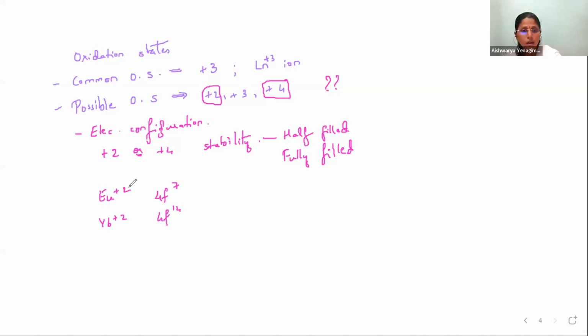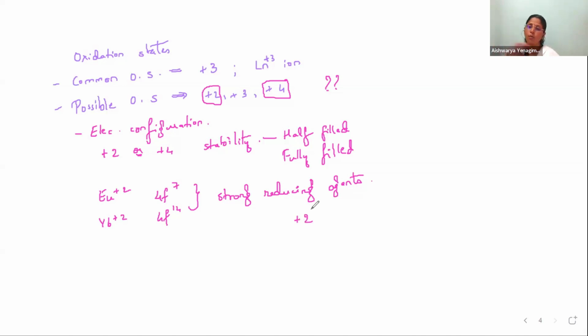Now these ions in the +2 state, these two examples, act as strong reducing agents. Please mark this point. The lanthanides which are in the +2 state act as strong reducing agents. Why? Because of the stable configuration, they have entered the +2 state.